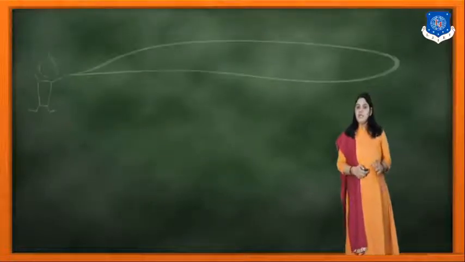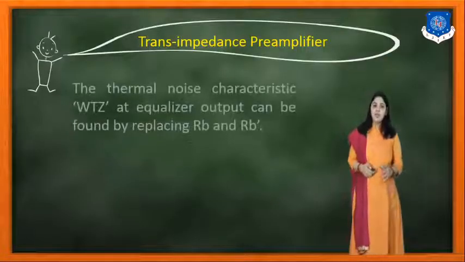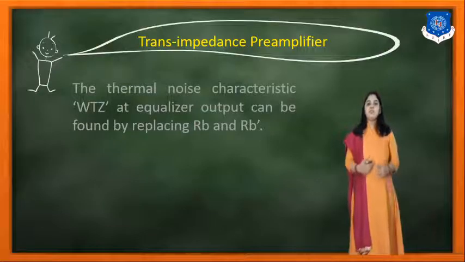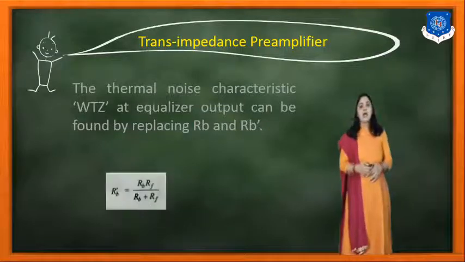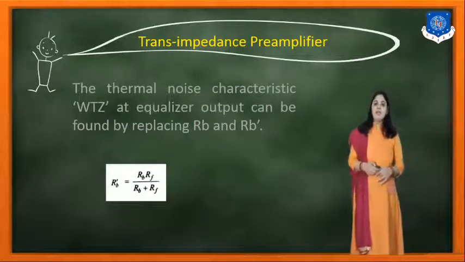It has a limited dynamic range, and the thermal noise characteristics at the equalizer output can be found by replacing RB by RB dash.